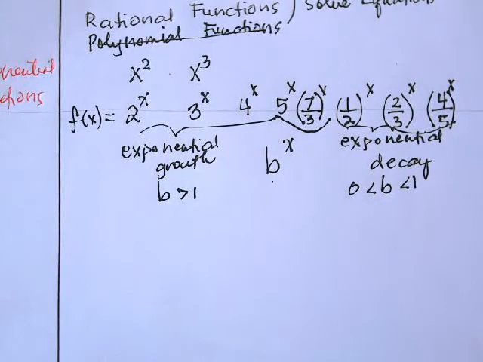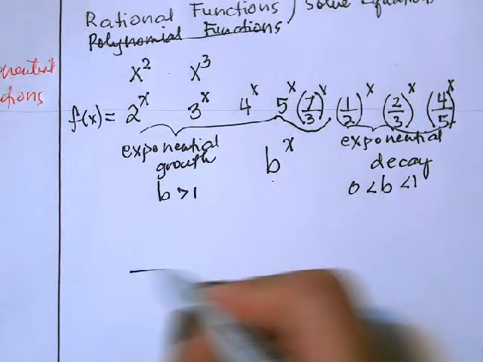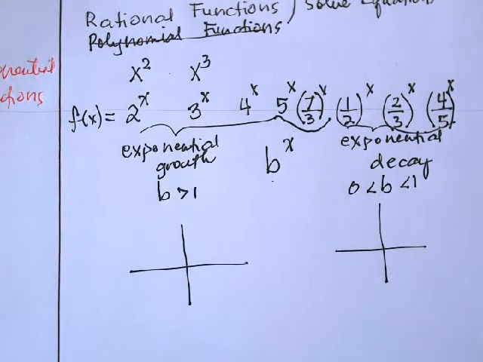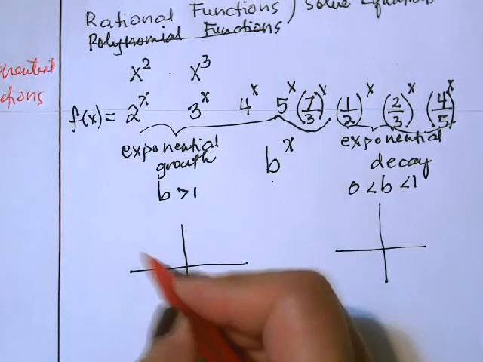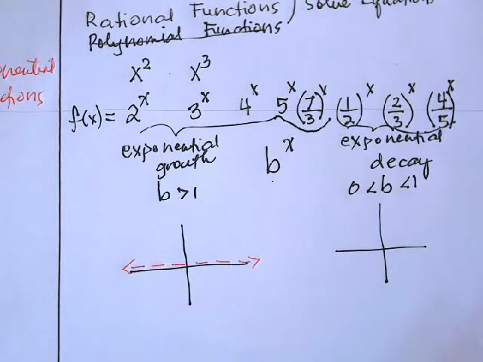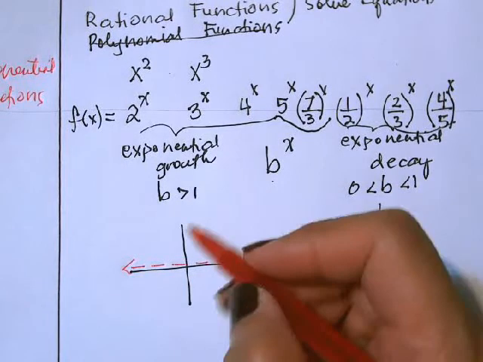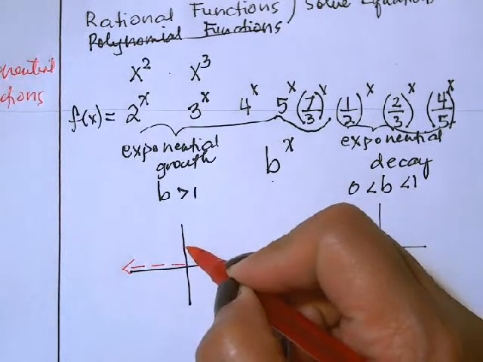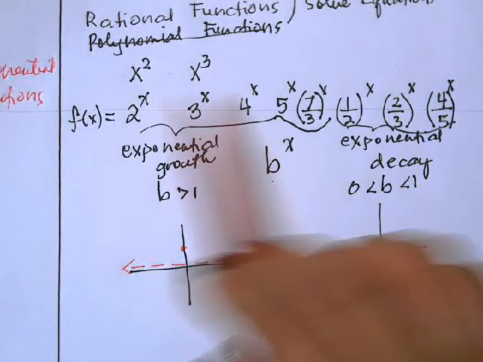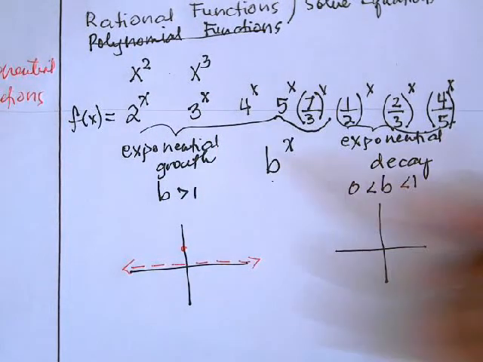Now, what is the graph of exponential growth? I'm just going to review that. If you have your x and y axis here, if it is an exponential growth, I hope you remember, you have your asymptote, meaning your graph will not hit or cross that. And of course your y-intercept is always 1, because when x is 0, these are all equal to 1. 2 to the 0 is 1, 3 to the 0 is 1, 4 to the 0 is 1, 5 to the 0 is 1.